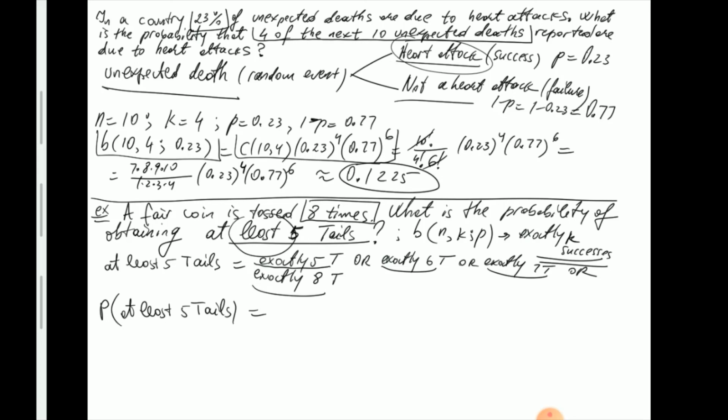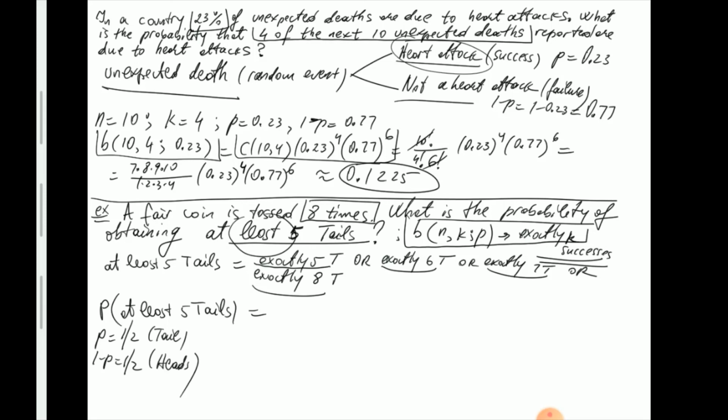So now I can use the Bernoulli trials formula. Because the coin is fair, the probability of success is 1 over 2, and 1 minus p is 1 over 2, so tails, heads.